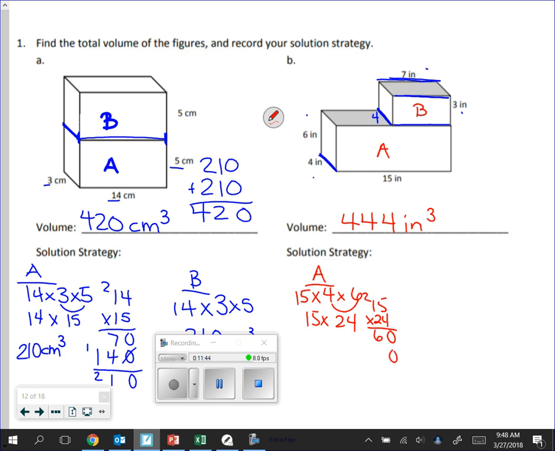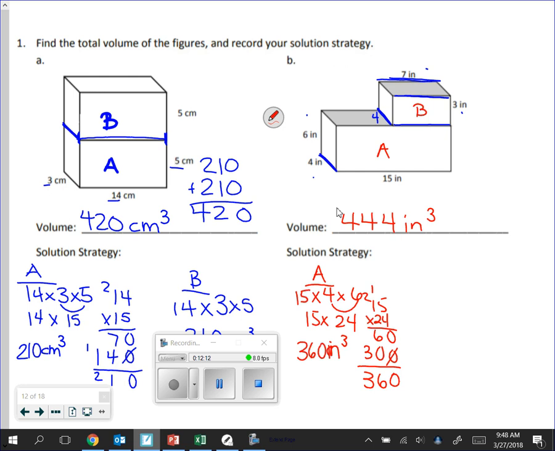That's 60. And then I wrote that backwards, and I'm messing myself up. So that's 300. Oh, I got it. I wrote it different on my paper. So 360. So shape A is 360. How do I write it? Centimeters? Cubic inches. It says inches, not centimeters.